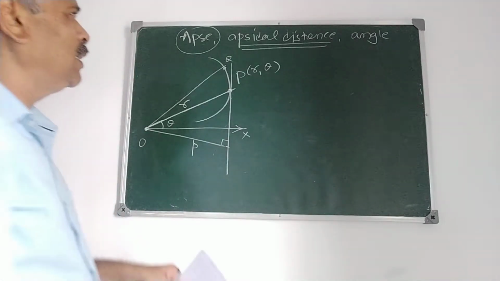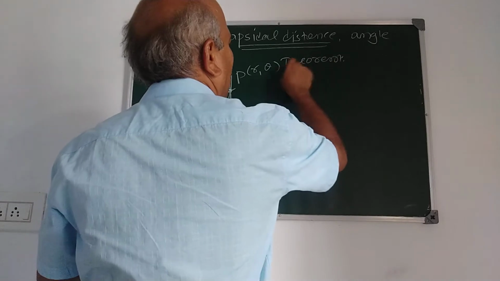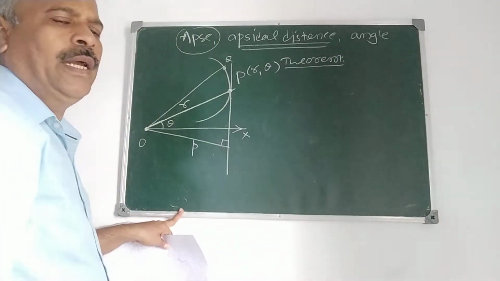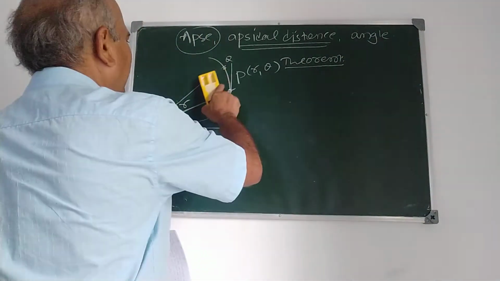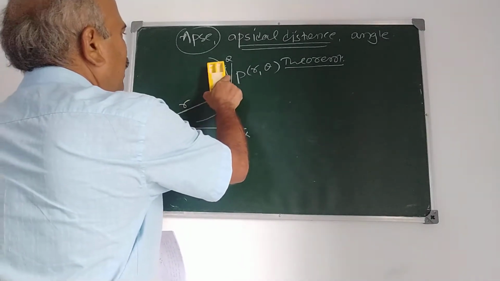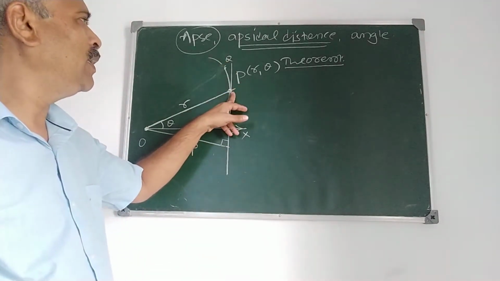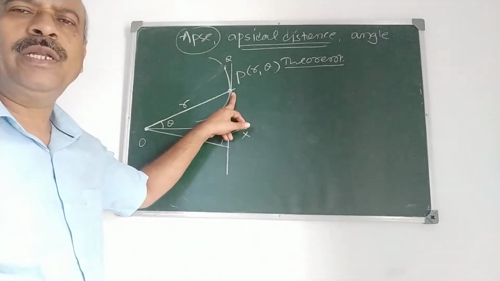Now the important result is, we take this as a theorem. Theorem is, at an apse, radius vector is perpendicular to the tangent at the point on the central orbit.